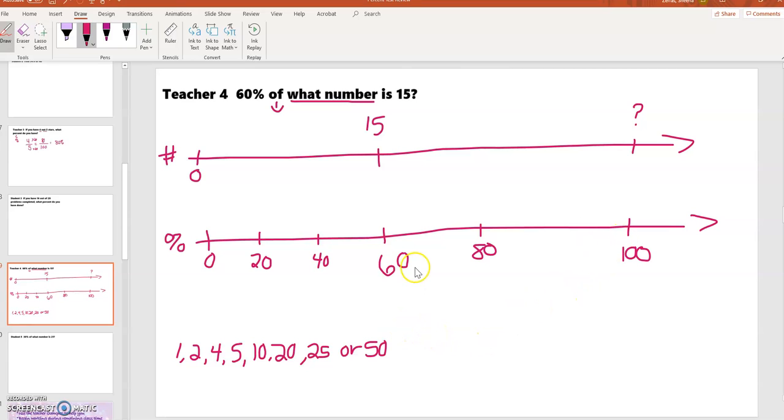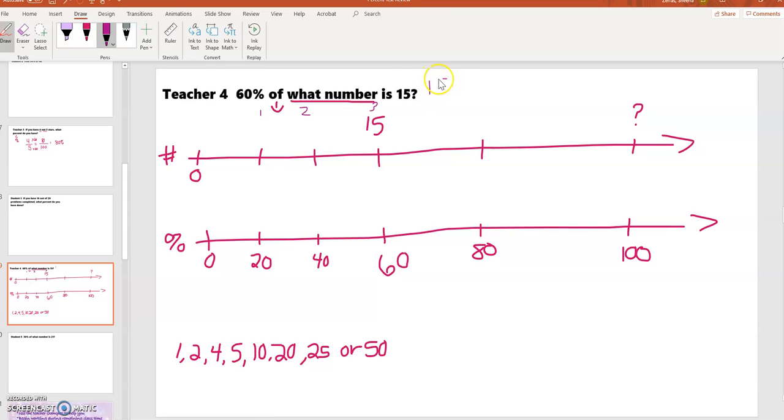So now I can determine the scale on the number line above. I'm going to put a dashed line above each, and I want to figure out how much each of those spaces is worth. If I count here, I have 1, 2, 3 spaces to get to 15.